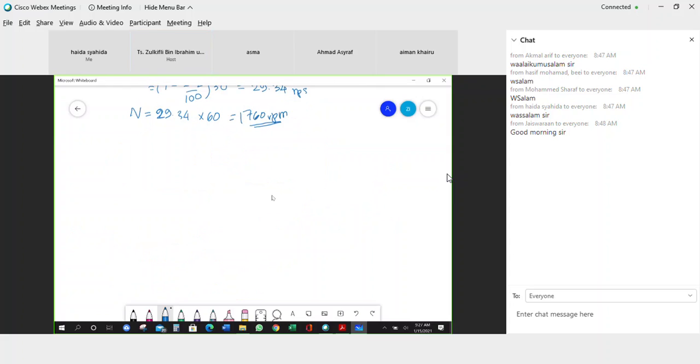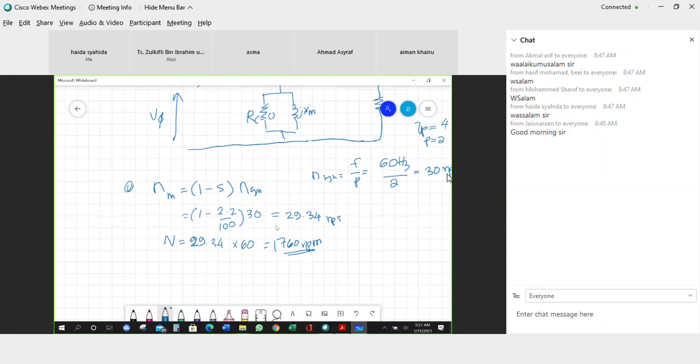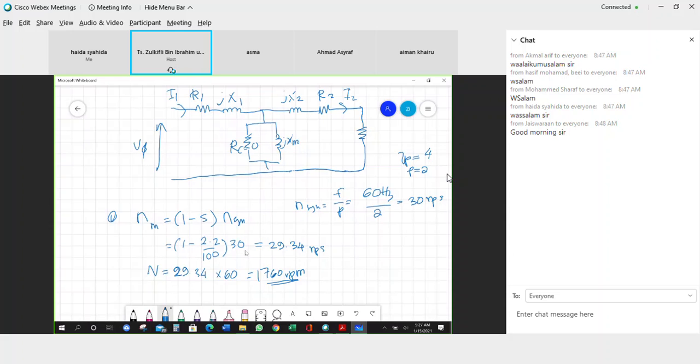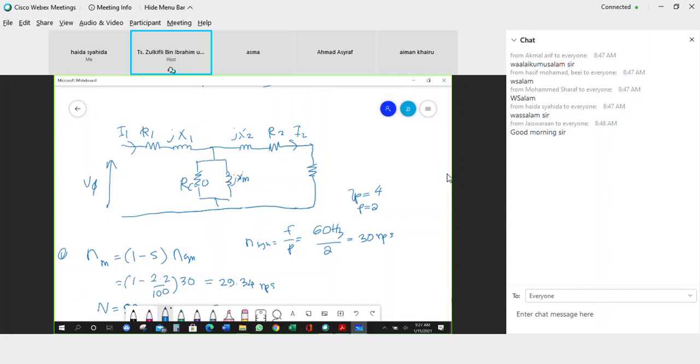Next, you need to find the stator current. Where does the stator current come from? Looking at the figure again, this is the equivalent circuit of the induction motor.